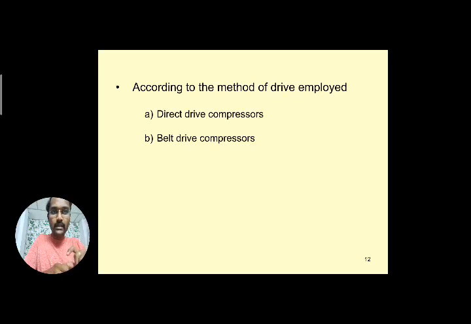So there is a direct connection, and it is named a direct drive compressor. In the second case, the belt drive compressor, the electric motor is placed separately, and the crankshaft and piston cylinder arrangements are placed separately. The electric motor shaft and crankshaft are connected with the help of a belt. Those are the belt drive compressors.